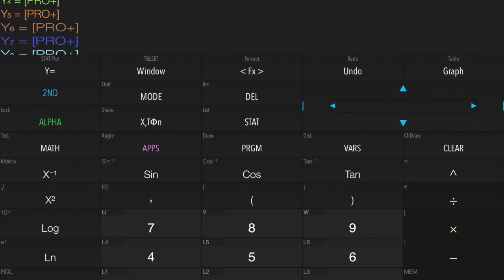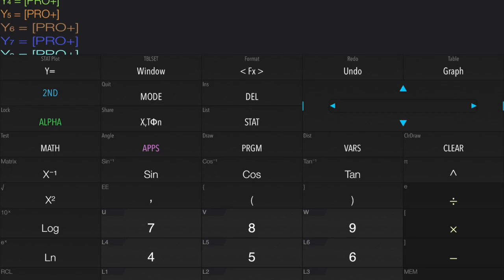If you push that Y equals button, it'll give you a similar screen to the one you're looking at. You're just going to scroll up. Your calculator has little arrows. Scroll up to the top one, it really doesn't matter, and then you enter in the formula. It already has Y equals for you.